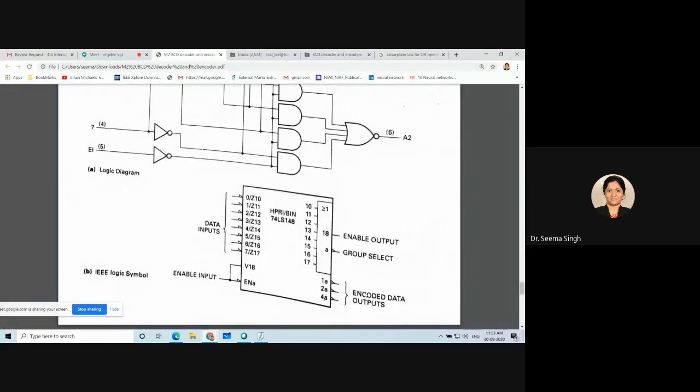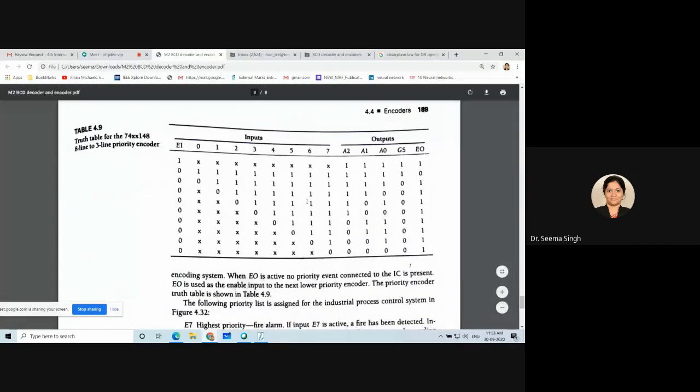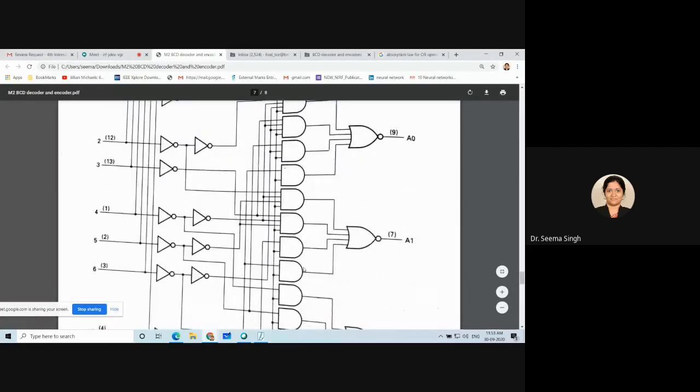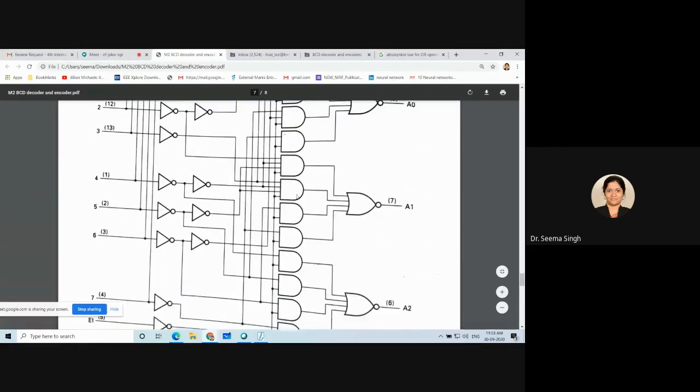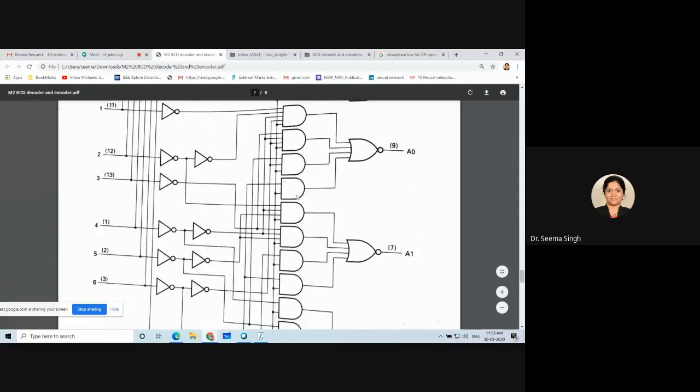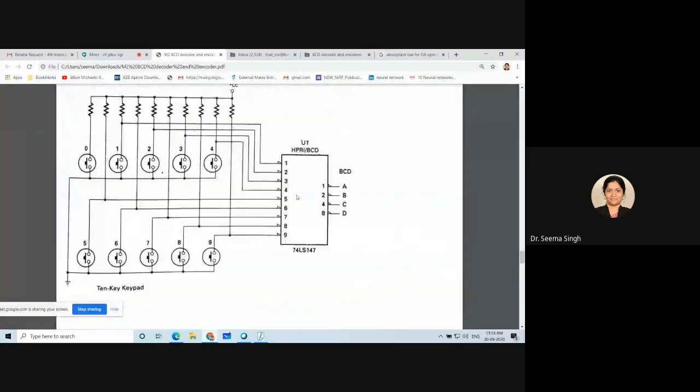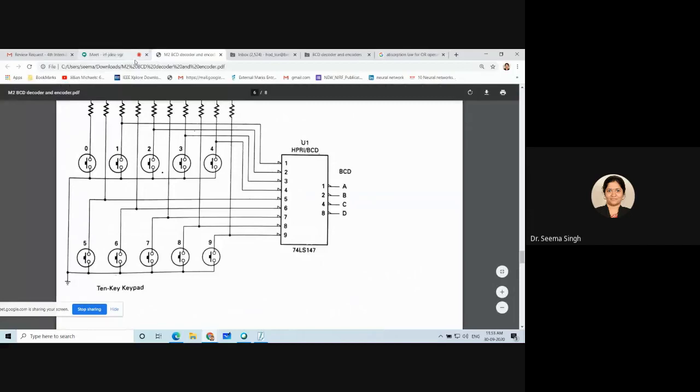The way I had shown you the working of 74LS147, that is your 10:4 encoder, in the same way, using this truth table, you should be able to make the equations for A2, A1 and A0, and then you get this circuit. Okay. So this is what you need to complete. So this finishes your encoder and decoder completely.